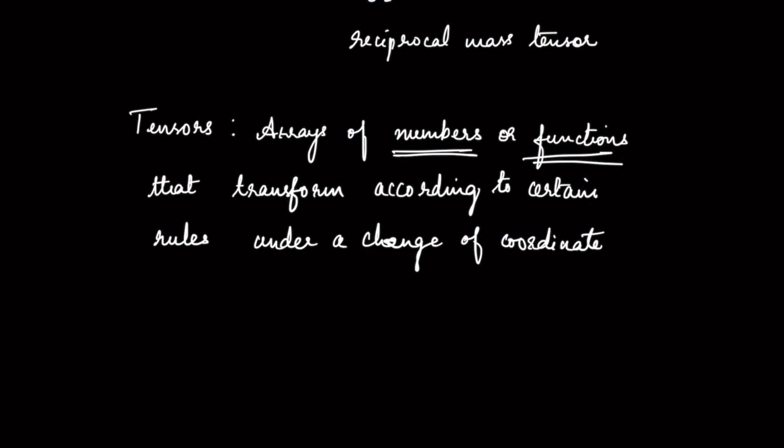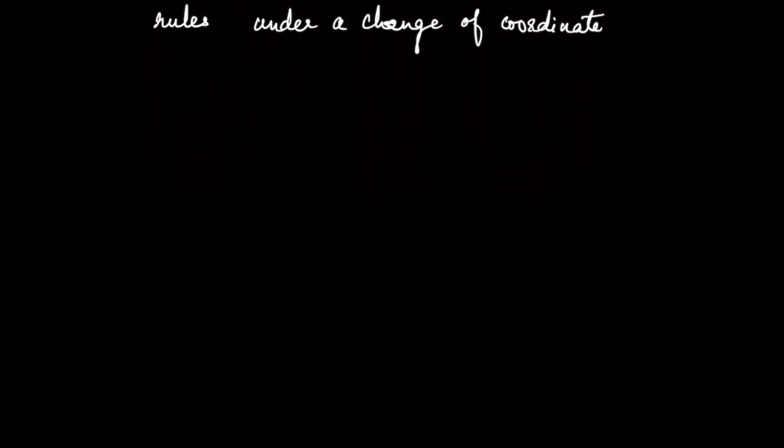Okay, so what is their importance in physics? Mathematically, they are just numbers or functions. In physics, tensors characterize the properties of a physical system. So all these we have seen are the properties of a physical system: the stress, moment of inertia, conductivity, right?